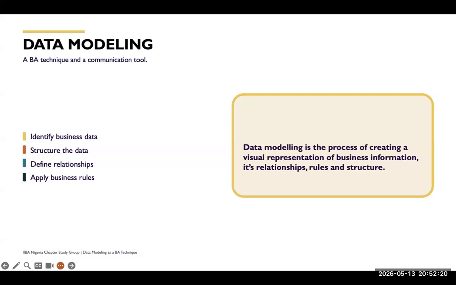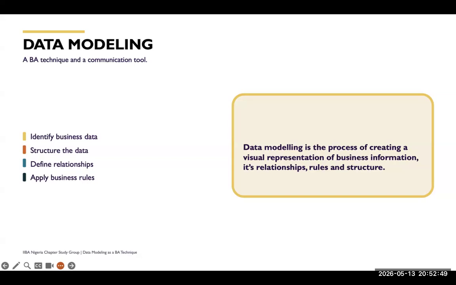The what that the business cares about. So what data the business needs to record. The data model here will be a complete, concise, and unambiguous statement of that information requirement of the business. There's also the how. Apart from what data the business needs, there's how the data needs to be structured and organized so that it can be retrieved and analyzed, right?